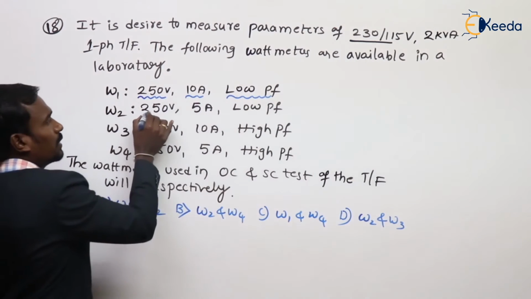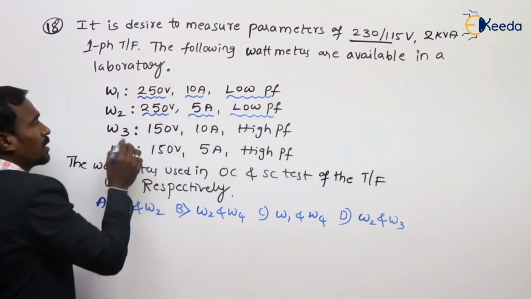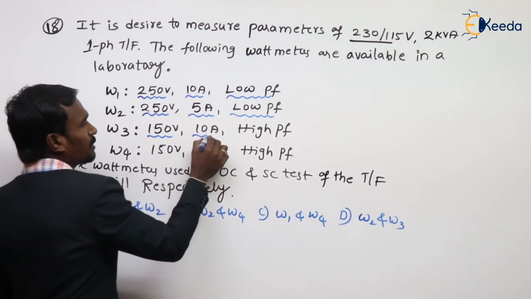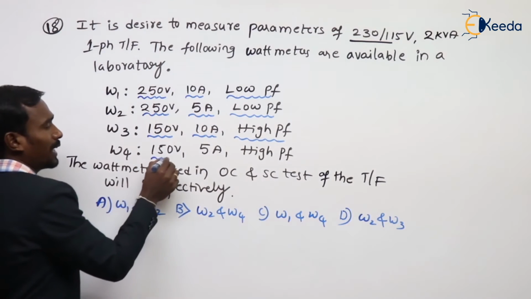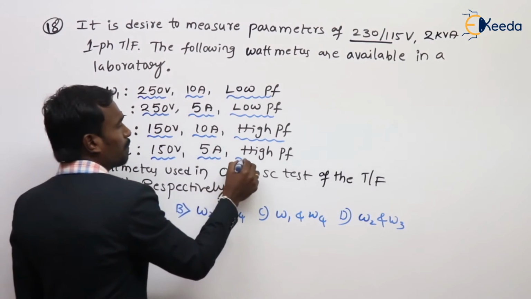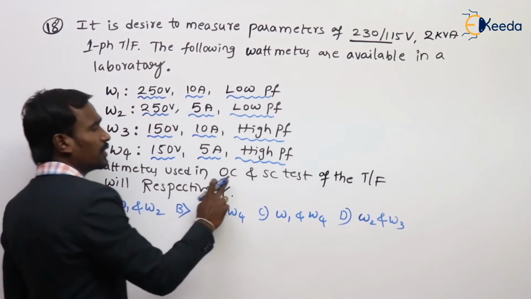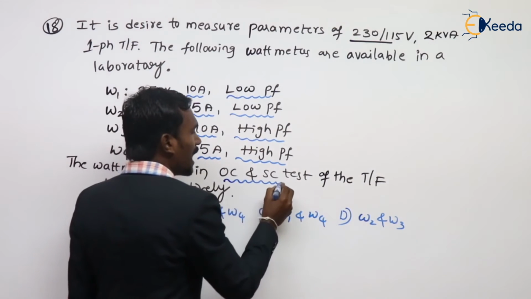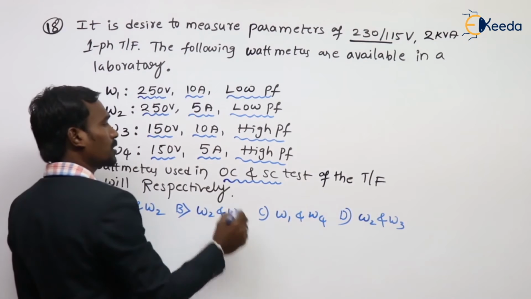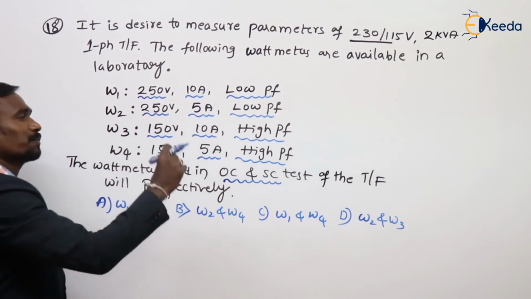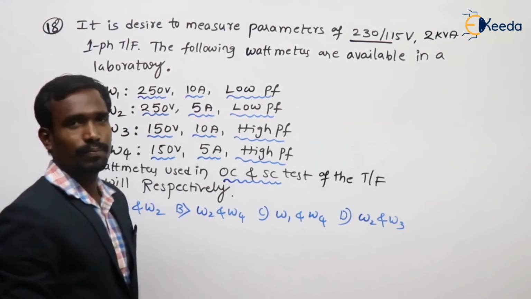Second wattmeter: 250 volts, 5 amperes, low power factor meter. Third one: 150 volts, 10 amperes, high power factor meter. Fourth one: again 150 volts, 5 amperes, high power factor meter. Which wattmeter is preferable for OC and which is preferable for SC, they are asking.